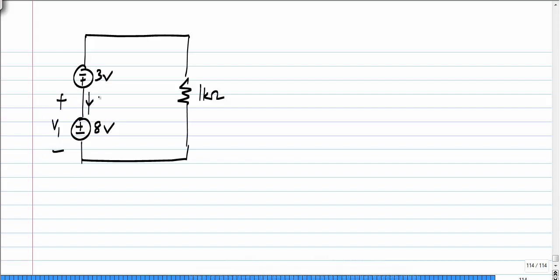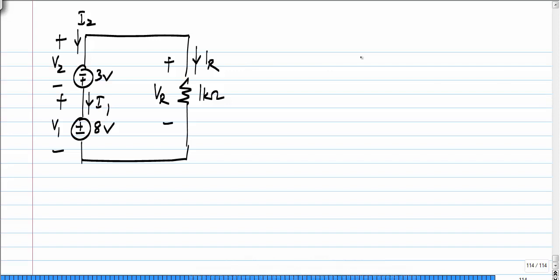This is I1. Now, I will consider the 3 volt source, and I can define the first variable any way I want. So, deliberately I will define it like this, V2. Note that V2 is opposite in polarity to the voltage source voltage itself, but that does not matter. Once I choose V2, I have to consider I2 like this for passive sign convention, and similarly I will consider VR and IR.